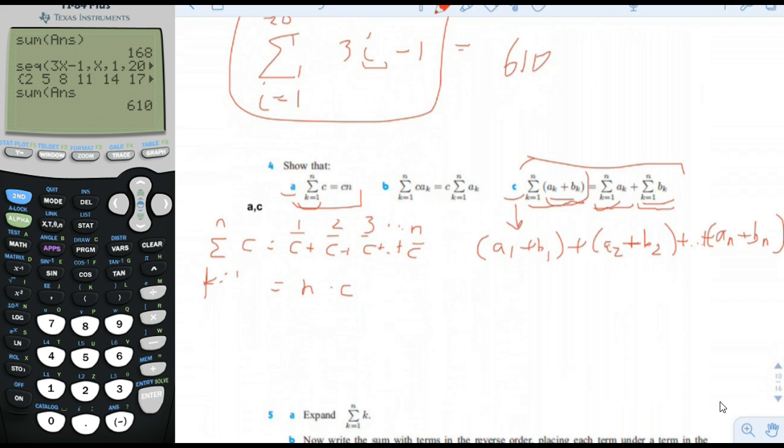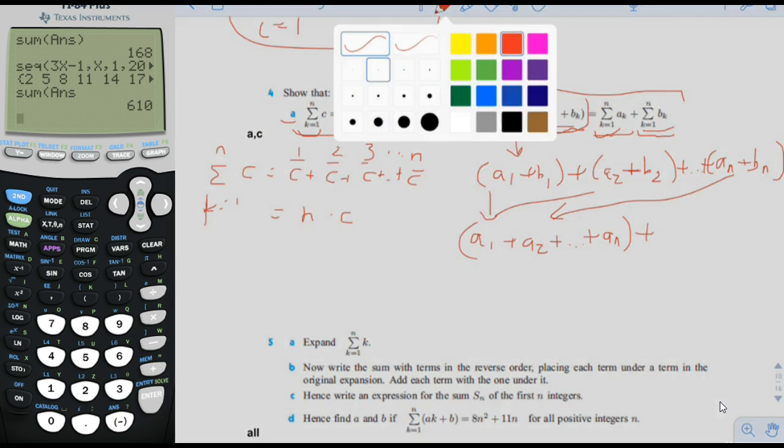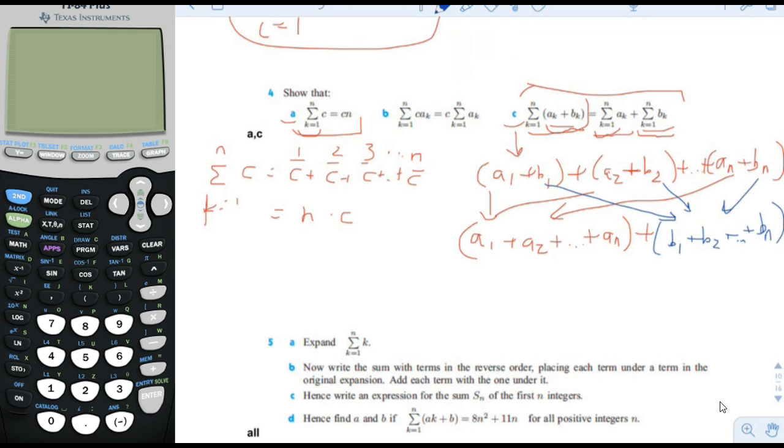Now, what if we just rearrange that? First we took all the a terms and put them together. So we'll do a1 plus a2 plus, all the way to plus a sub n. And then we took the b terms and put all those together. Then we would get b1 plus b2 plus dot dot dot all the way to b sub n.